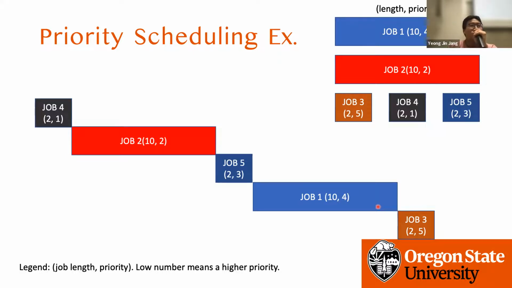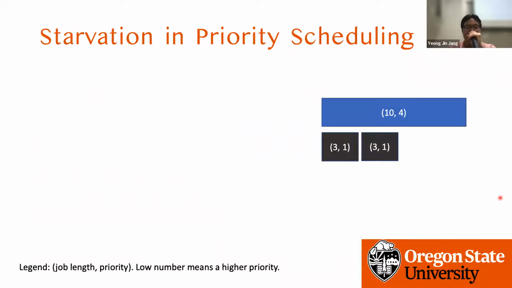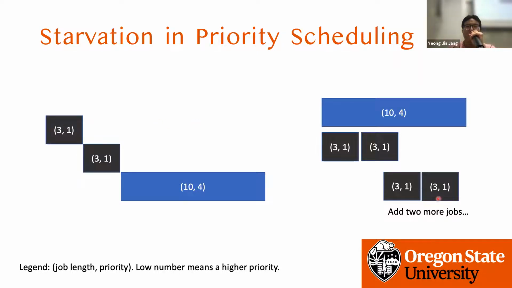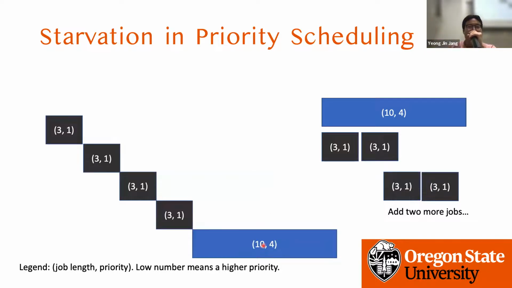But in this kind of priority scheduling, we already know that SJF suffers starvation, and the same thing could happen in this case. If you have a priority 4 job here, and you have many priority 1 jobs, it will run like this. And before finishing these 2, if another priority 1 job comes in, then this process cannot be scheduled.